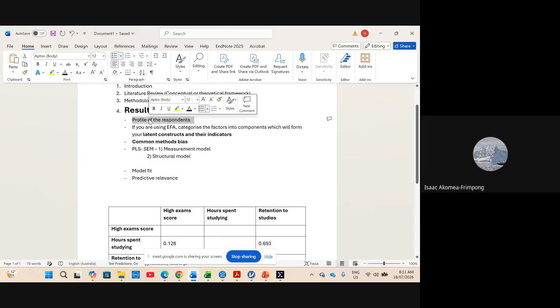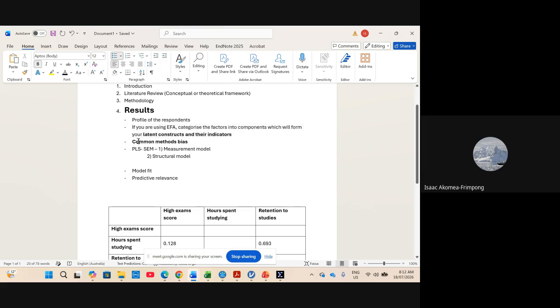I started by saying that for your survey results, the responses, first present the profile of the respondents. Second, if your survey is such that you have not already categorized the factors, and everything is together, and you don't know which are latent variables and which are indicators, then it is good to run the EFA, exploratory factor analysis, to categorize them.